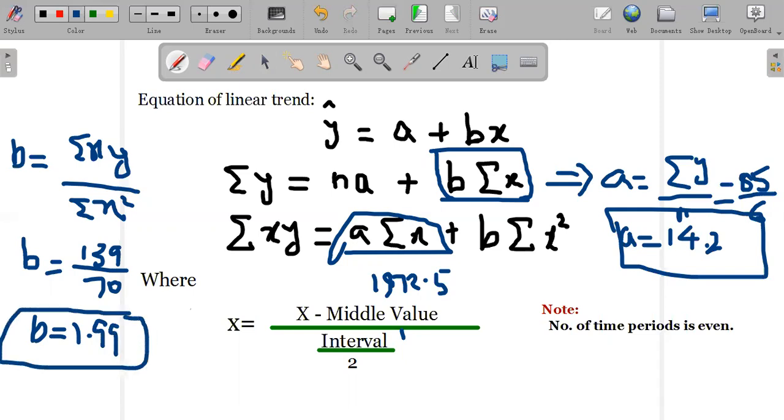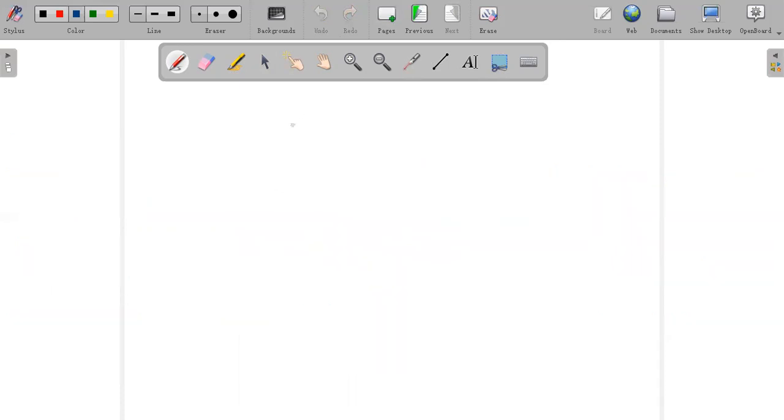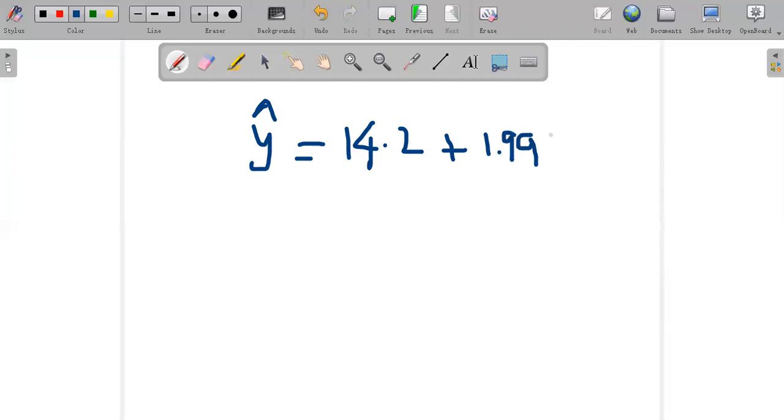So you are asked to find the trend line equation. The trend line equation is y is equal to a plus bx. A is 14.2 plus b is 1.99 x.